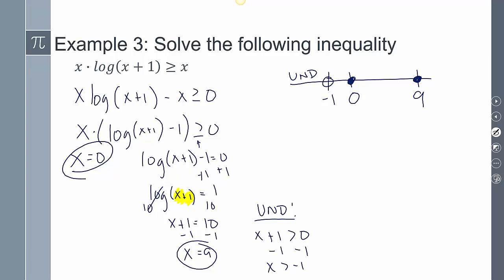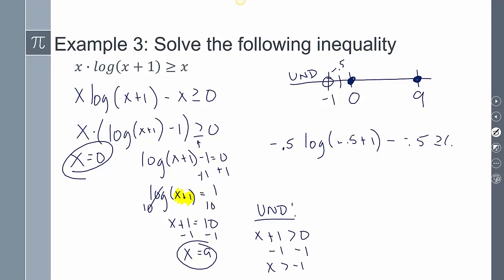So now I need to go through and test the values. Between negative 1 and 0, I'll just say negative 0.5. I want to plug that into my calculator. So negative 0.5 times log of negative 0.5 plus 1, minus negative 0.5.